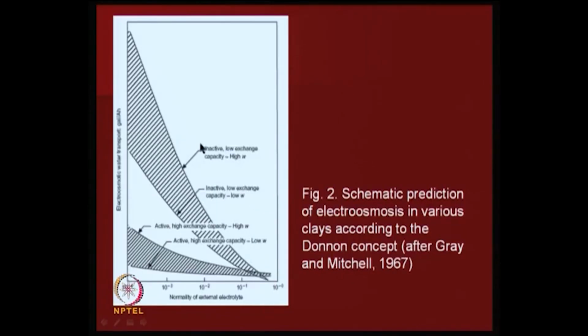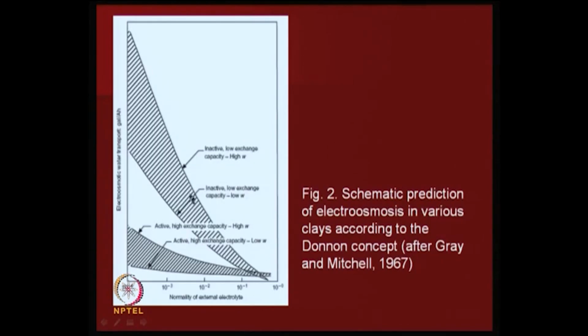We will see in this particular figure: inactive, low exchange capacity and high water content, where one can have a very high water removal. Then inactive, low exchange capacity and low water content is another one. And very active, like, say, bentonite, with high exchange capacity and high water content is one, and then active, high exchange capacity, low water content.